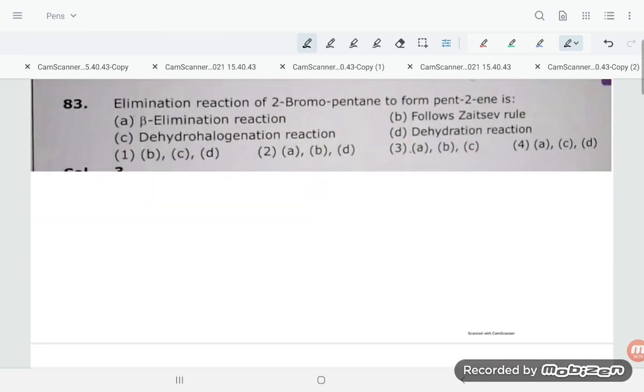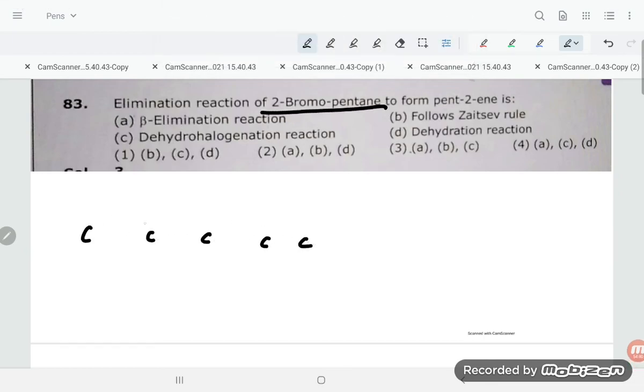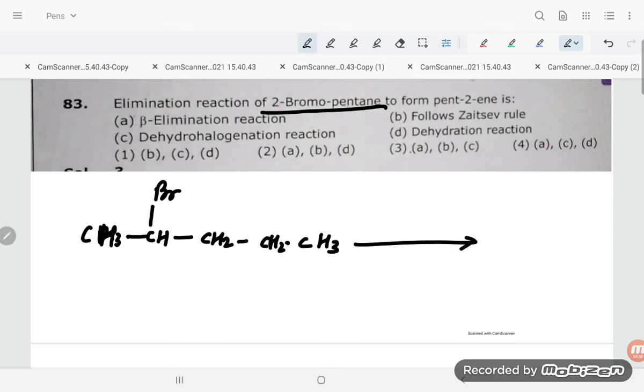83, you see, student. Elimination reaction of 2-bromopentane to form pentene is. Okay. So if you see question 83, the elimination reaction, they are saying 2-bromopentane: meth, eth, prop, but, pent. So here is the Br, CH3, CH, CH2, CH2, CH3. So this is 2-bromopentane to form pent-2-ene.